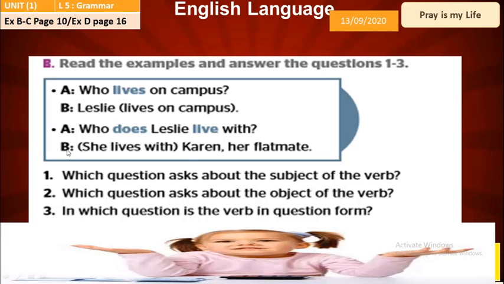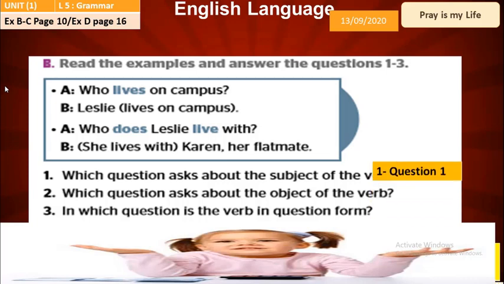And B answered, she lives with Karen, her flatmate. So, which question asks about the subject of the verb? Number 2? Number 1? Yes? Number 1. Let's verify.